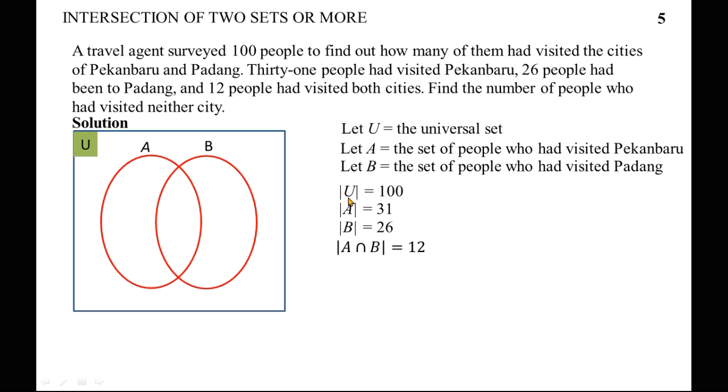And of course, the universal set will be equal to 100 people, since we talk about 100 people in the survey.